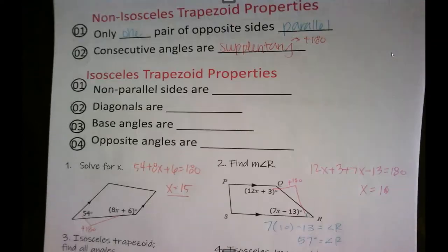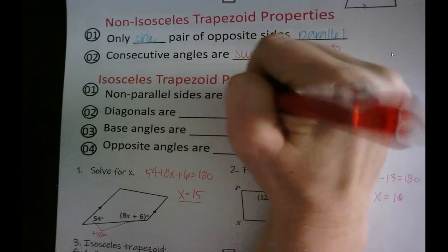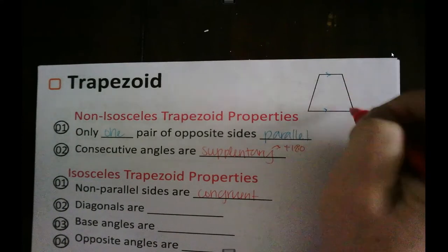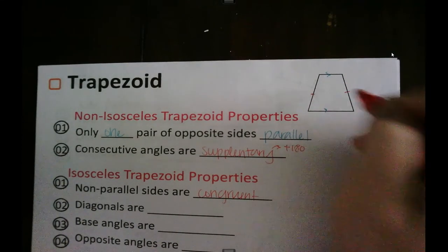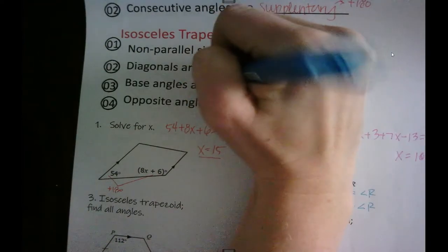All right, let's look at what the isosceles trapezoid properties are. Non-parallel sides are congruent. So these sides are not parallel, and they're going to equal each other. Our diagonals are also going to be congruent.